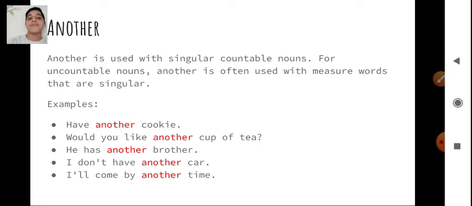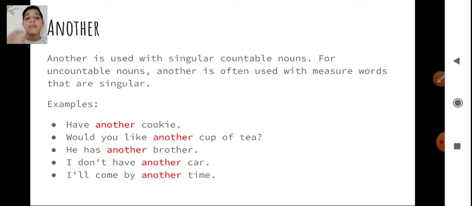This person is telling us that, hey, we already have one brother, but we have one more. Next example, it says, I don't have another car. Okay, guys, this is telling us that we already have one car, but we don't have one more car.